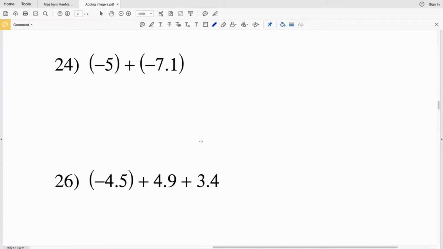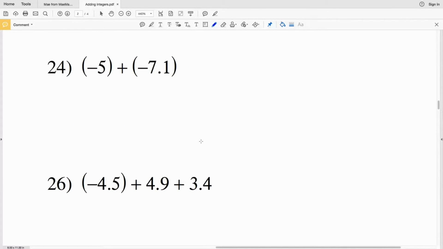For 24, we have a negative 5 plus a negative 7.1. We're starting negative and going further into the negative numbers, so we know our answer is going to be negative. So what we did earlier, we can do again. Switch the signs. Make the 5 positive and the 7.1 positive, and let's see what our answer is. Remember, we have to switch the sign of the answer.